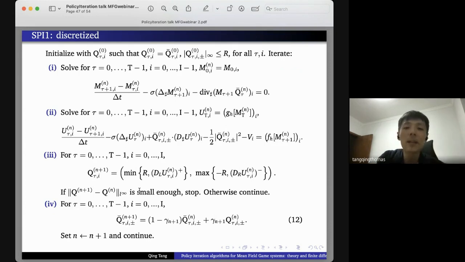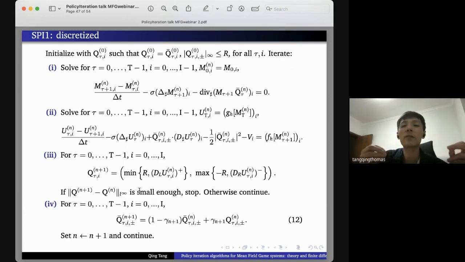I just explained the key point: when I do averaging, I have a double-sided policy. Q is double-sided because I want to use monotone schemes, and also the upwind flux.